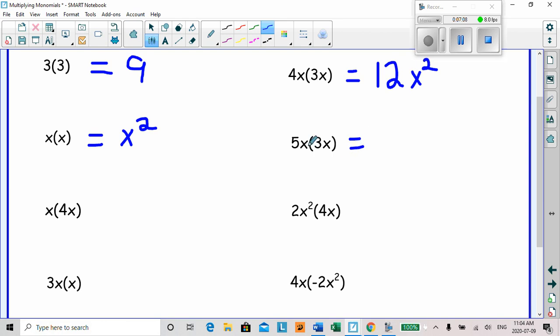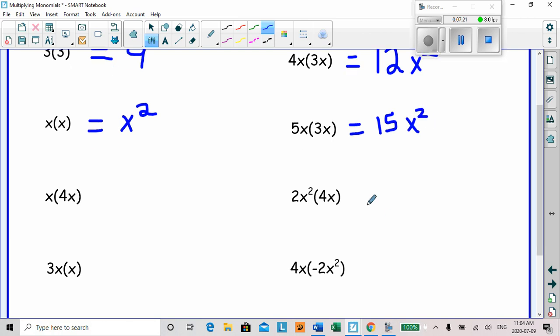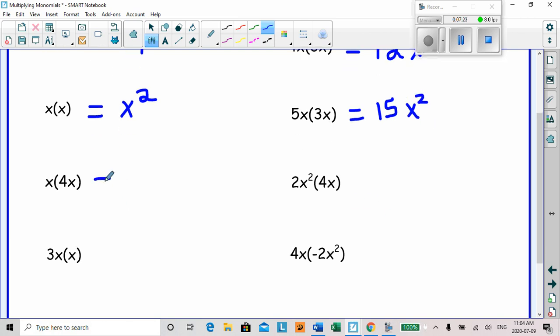For the next one, we will multiply 5 times 3. That's 15. And then x times x is x squared. Here, this is like a 1 in front of the x multiplied by 4. So that's just going to be 4.